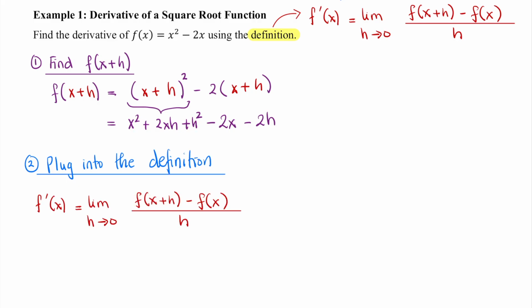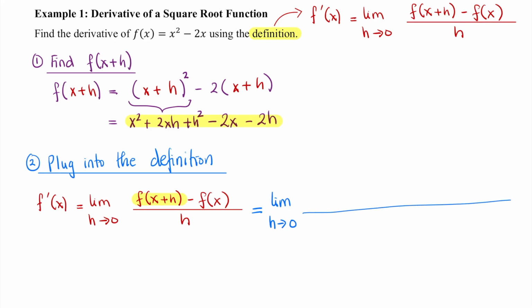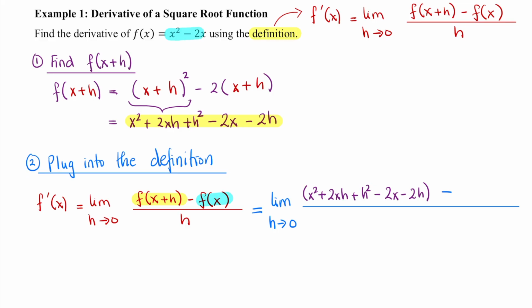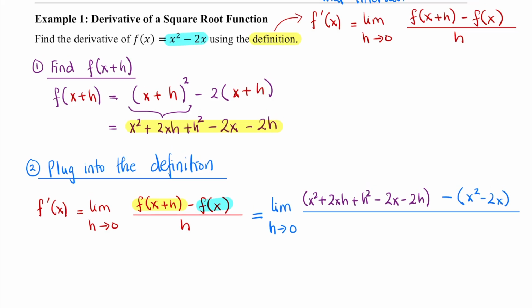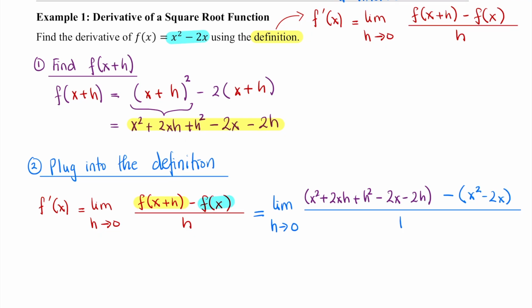We'll substitute f of x plus h with x squared plus 2xh plus h squared minus 2x minus 2h, and we'll substitute f of x with x squared minus 2x, all over h.